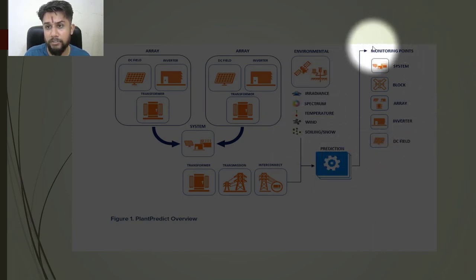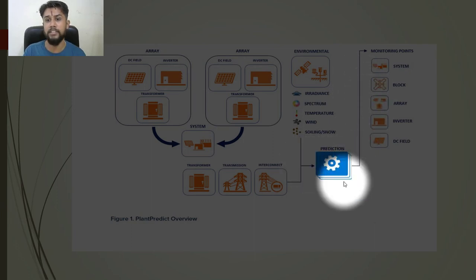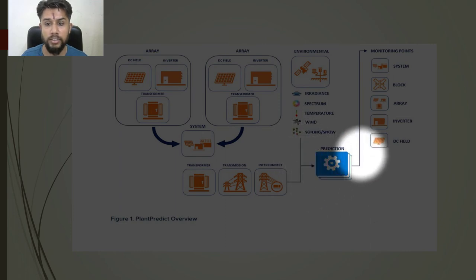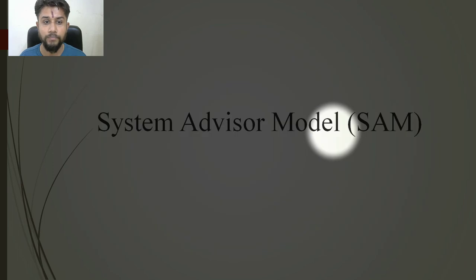Some parameters which we are utilizing for the creation of the system, and with the algorithms available in the tool itself, you can realize more about the real-time situation of the power plant functioning.